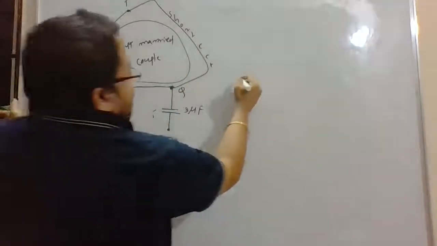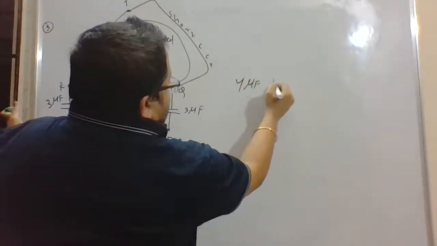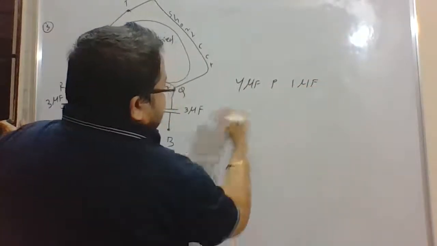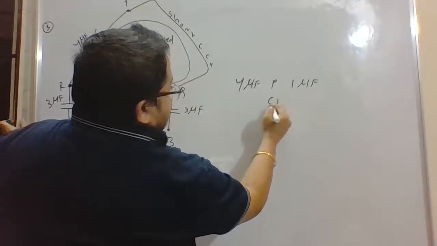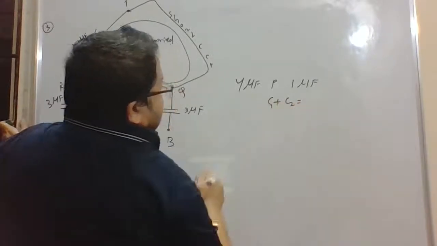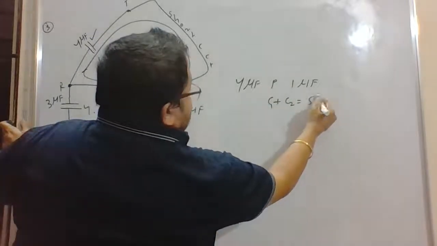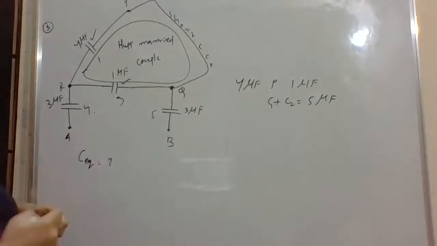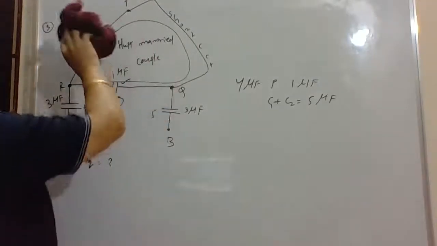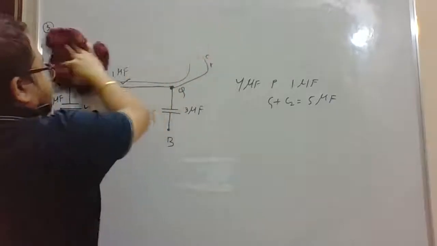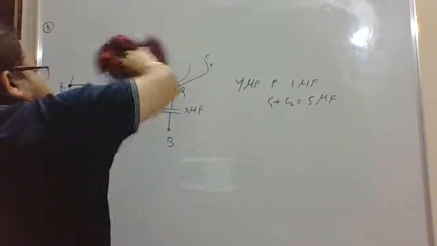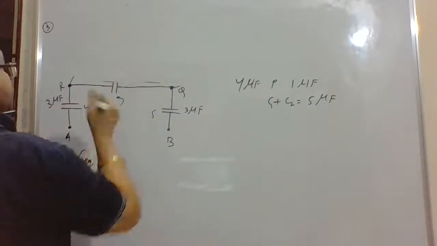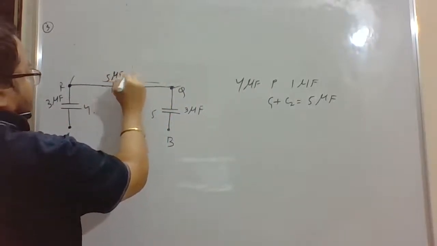So your 4 microfarad capacitor is in parallel with the 1 microfarad capacitor. So your C equivalent will be C1 plus C2, which is 4 plus 1, that is 5 microfarad. Which means I can remove all these and put one 5 microfarad capacitor in place of this entire combination.